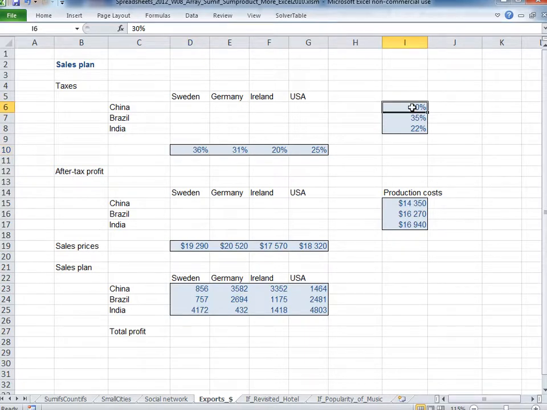Let's take another example. If we manufacture in Brazil but sell in Ireland, we have a situation that's completely reversed. Namely, we manufacture in Brazil with the income tax of 35%. We sell in Ireland with the income tax of 20%.